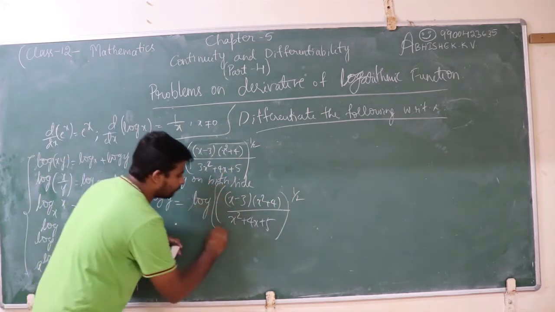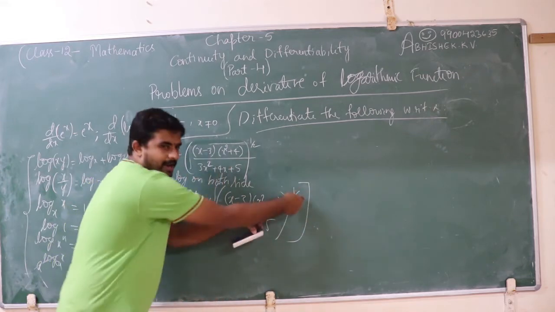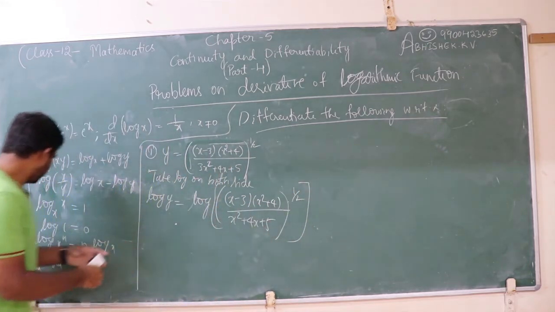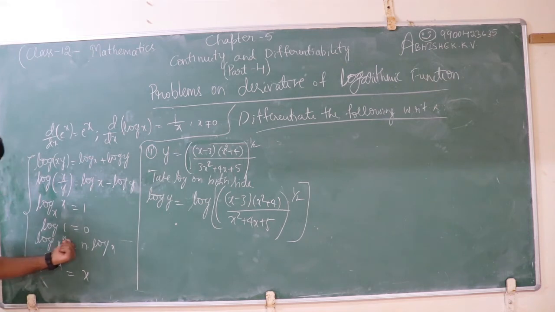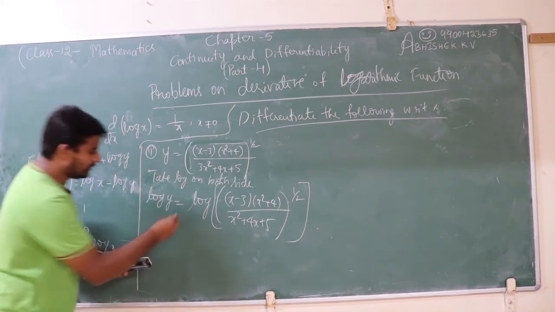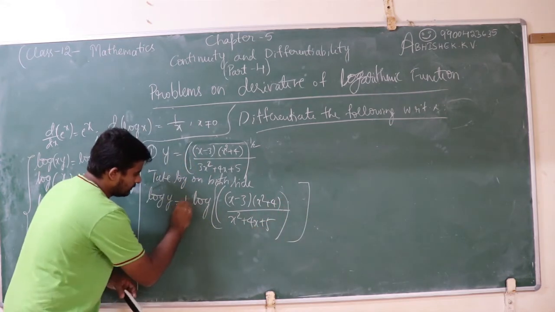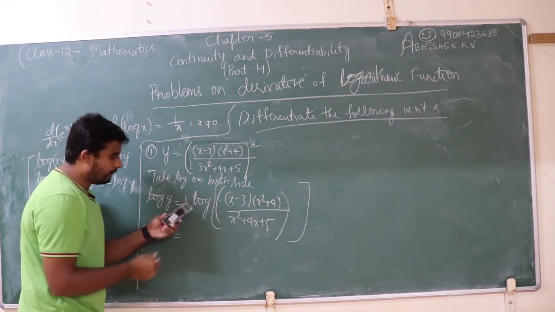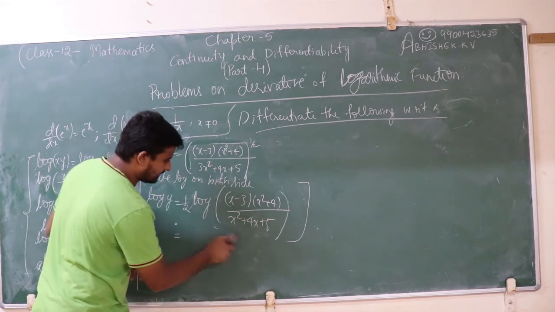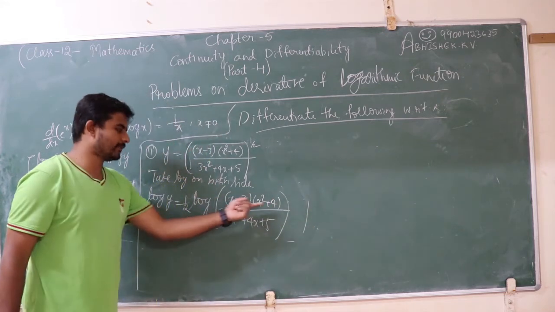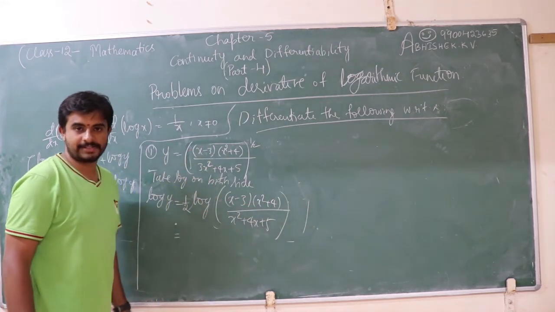See, it is of the form log, here 1 by 2 log of x minus 3 into x square plus 4 divided by x square plus 4x plus 5.